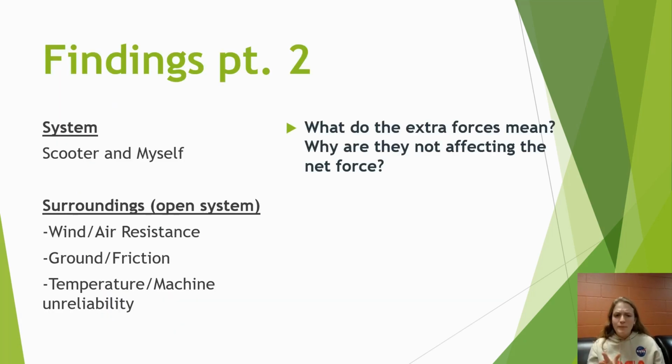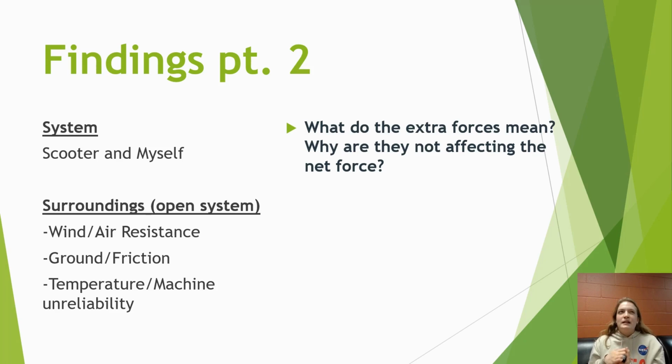And then for my findings, the system was my scooter and myself, and the surroundings, because it was an open system, had a lot of random forces that could have affected it. I think the main ones were the wind and air resistance, and the tire hitting the ground, so there was definitely friction.